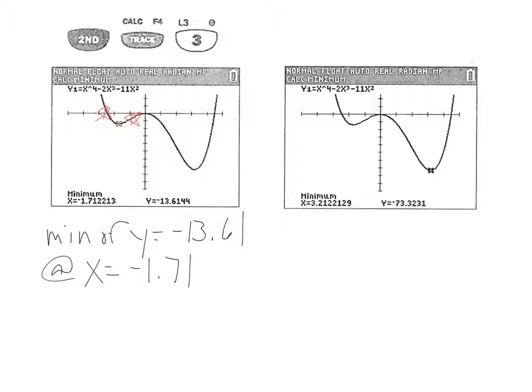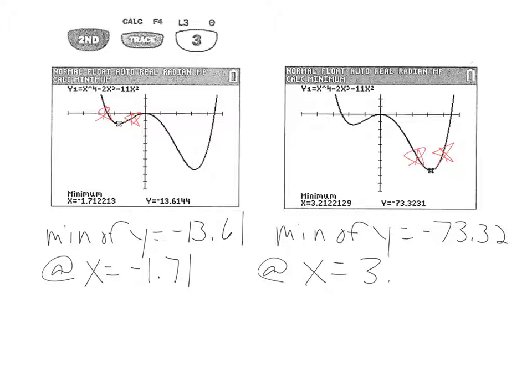We'll just round to 2 places. Then you'll do second trace 3 again for the minimum on the right side. And when it says left bound, you go to the left, hit enter. Right bound, go to the right and hit enter. Hit enter when it says guess. And then we have a minimum of y equals negative 73.32 at x equals 3.21.